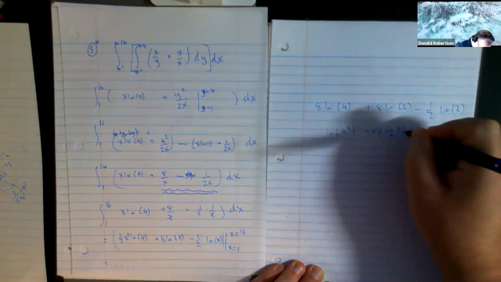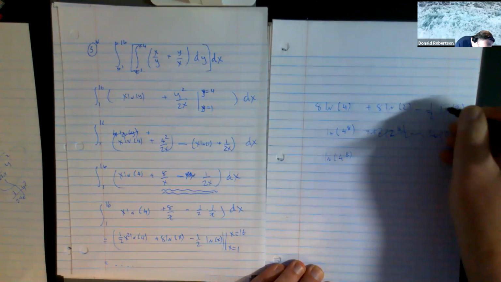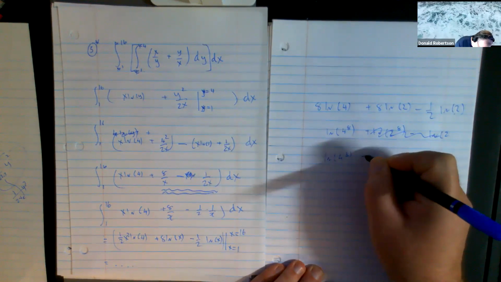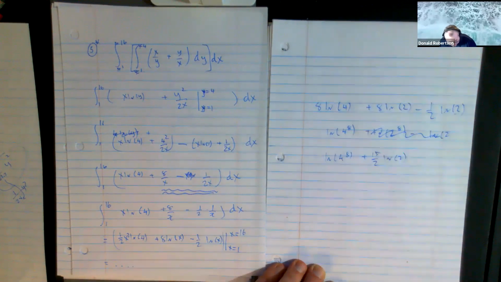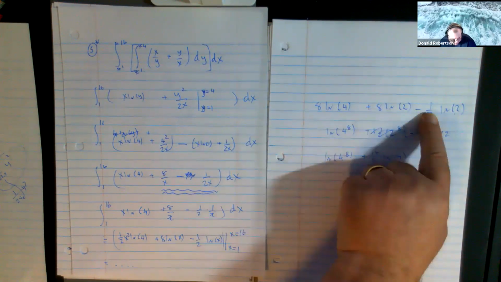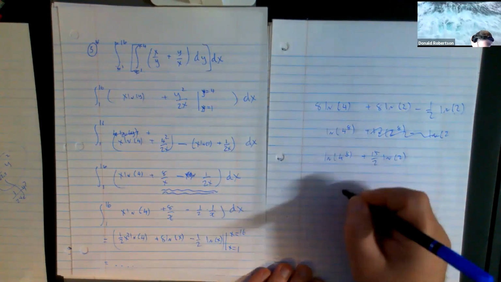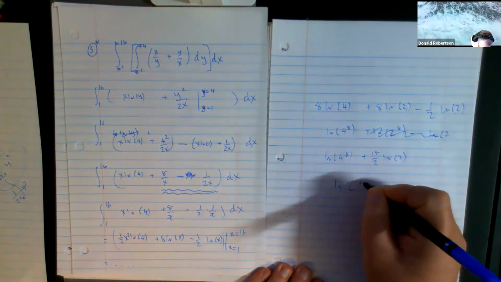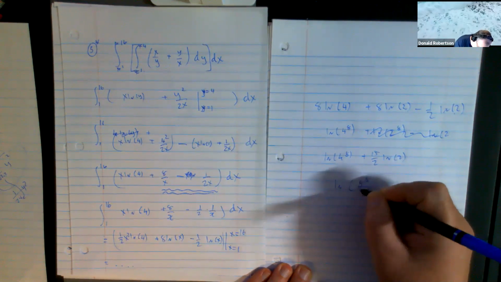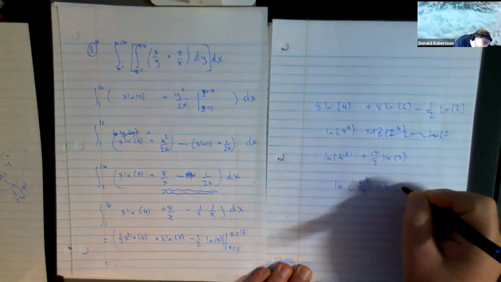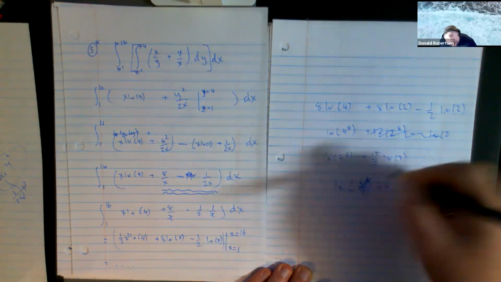actually, let's redo that. Going to just combine them into 15 halves, log 2. Right, 8 take away 1/2 is 7.5, which is 15 halves. And then you could do a single log of this guy over this guy times something like that.